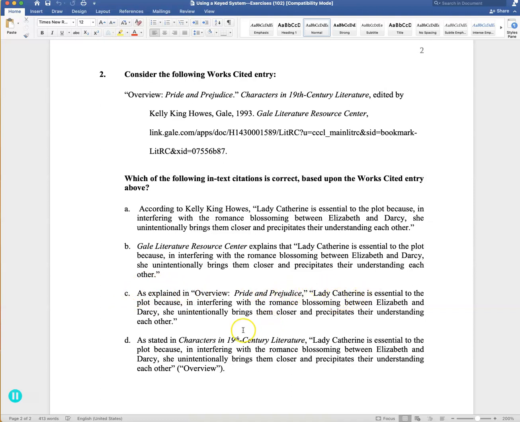But I think the smoothest way to incorporate the keyword, if it's a title word, is the way it's done in D. So what D does is it puts the keyword in the parentheses at the end, right? And you only have to have the first words of the title when you do that.